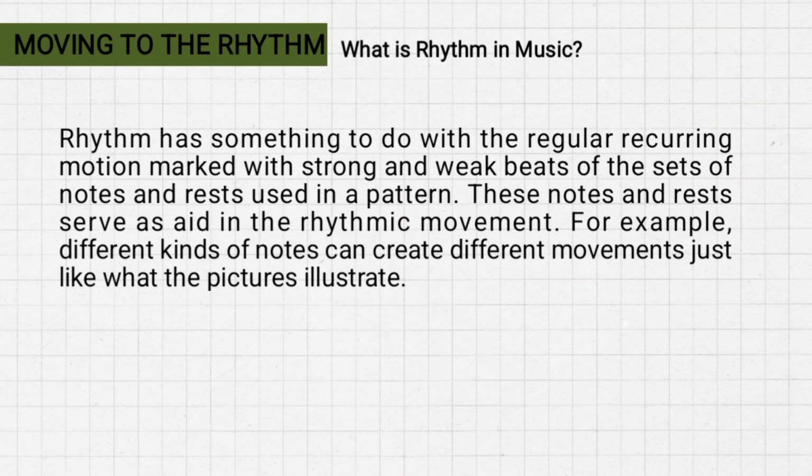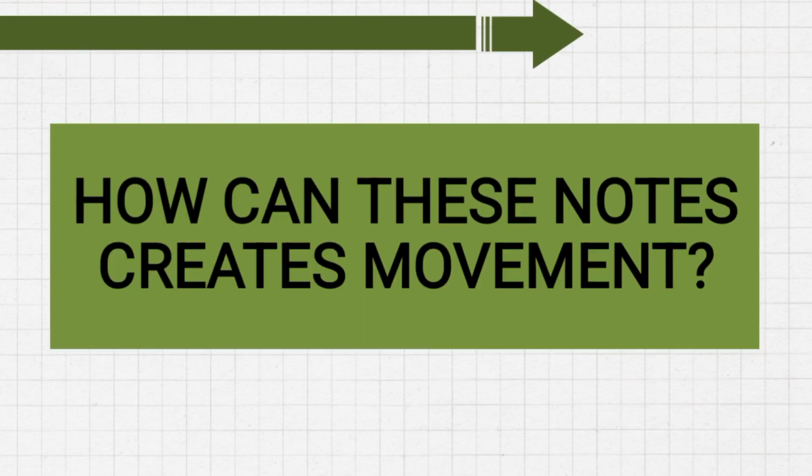This creates a beat pattern like 1, 2, 3, and 4 in many songs. And next, how can these notes create movement? Musical notes create movement by showing how long and how strong a sound should be. When we hear or feel these notes, our bodies naturally want to move in time with them. This is what we call rhythmic movement.